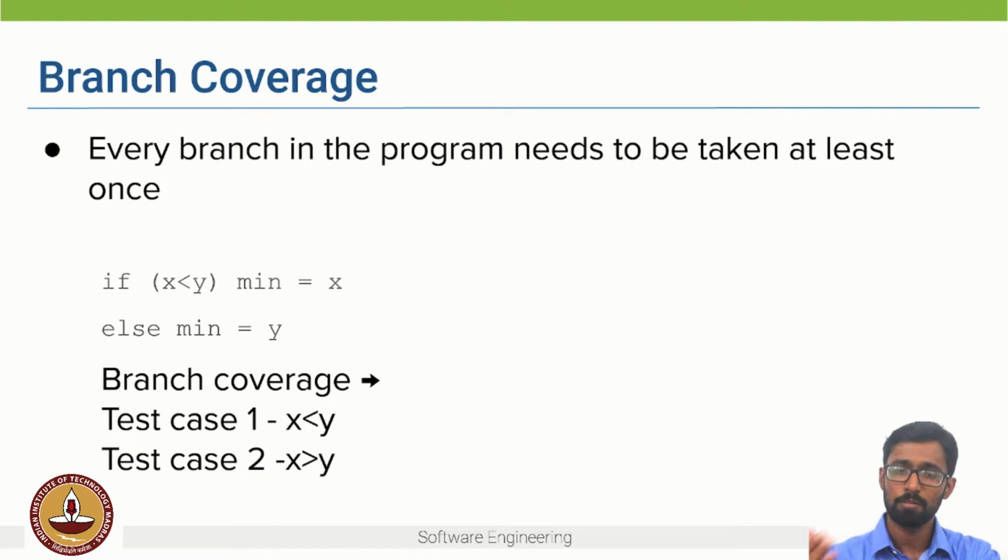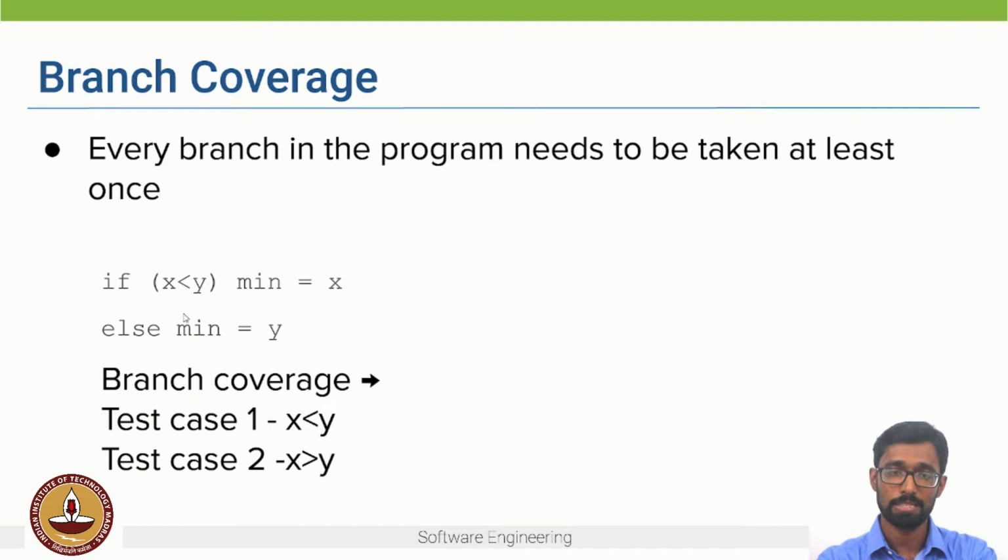For example, let's take the minimum function. If I want to calculate the minimum of two numbers, the condition here is if x is less than y. To achieve branch coverage, I need to check when this evaluates to true, that becomes one test case, and when this evaluates to false, that becomes the other test case.